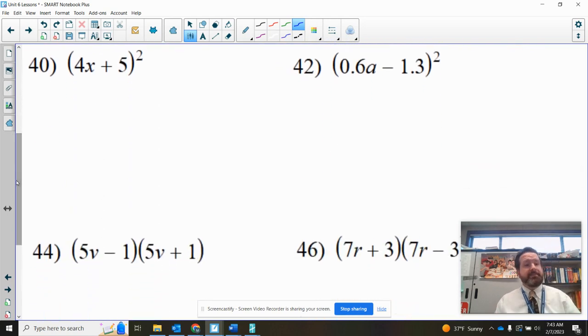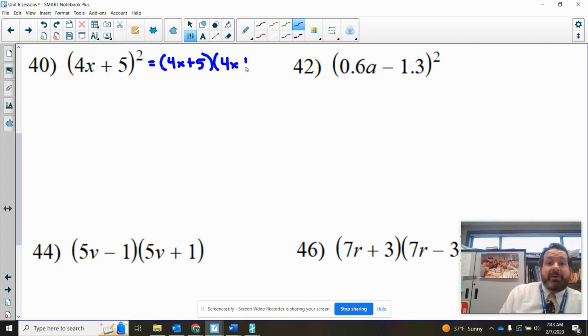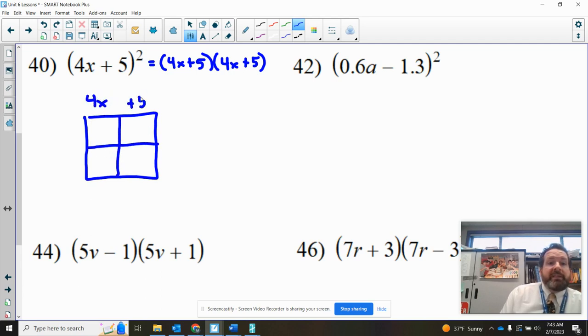Okay, down to these. Remembering that the exponent of 2 means 4x plus 5 times another 4x plus 5. Let's set up a 2 by 2. 4x with a plus 5, 4x with a plus 5. So we've got 16x squared, 20x's, 20x's, and 25.